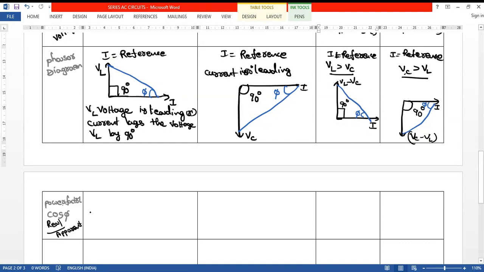So cos phi is equal to VR by V. This one is V.